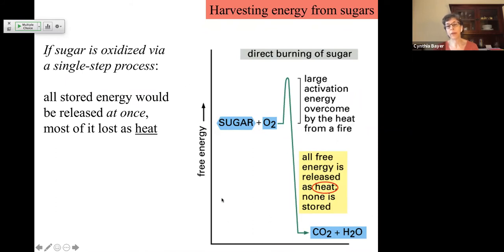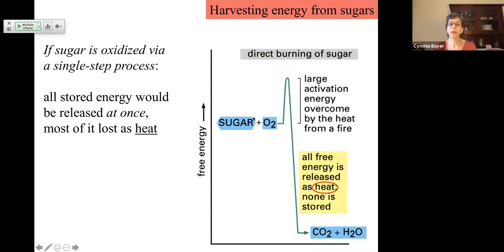If we're looking at the energy profile of sugar, a high free energy molecule in the presence of oxygen, it can almost instantaneously, as long as that activation energy is overcome by a spark or heat from a fire, be converted to carbon dioxide and water.